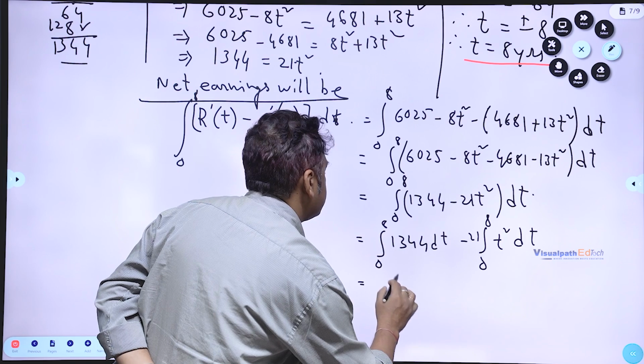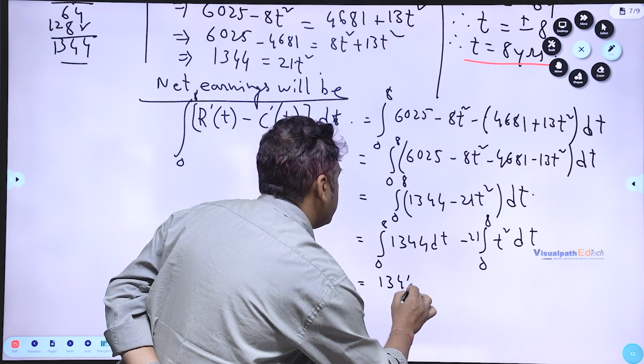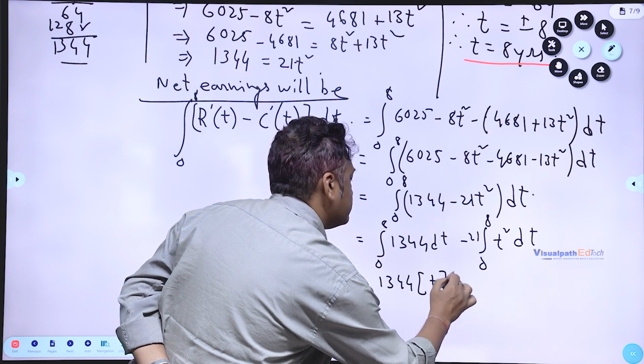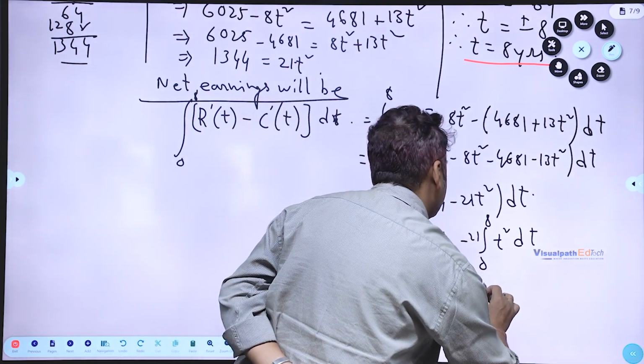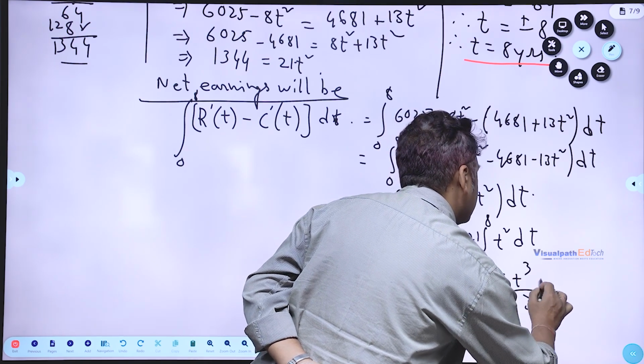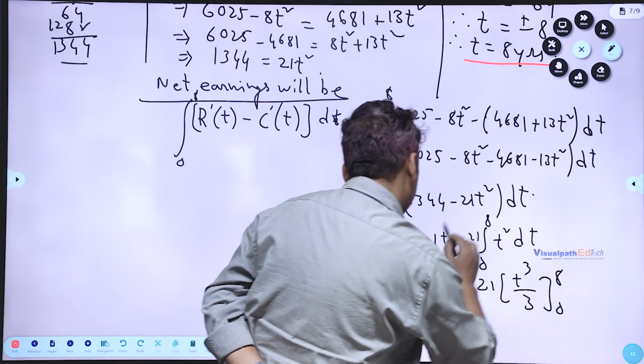In other words, we will get 1344 T, with T from 0 to 8, minus 21 T cube by 3, from 0 to 8.